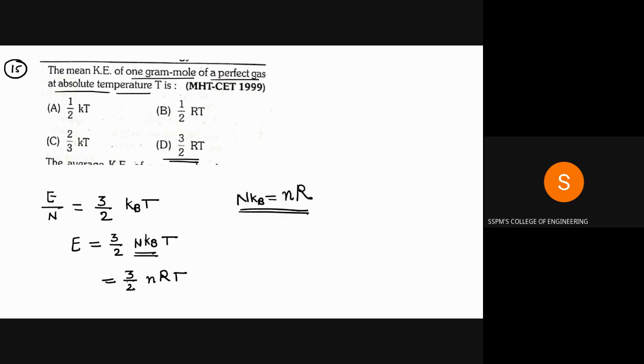So for 1 mole or 1 gram mole, it means n value is 1. So energy is equal to 3 by 2 RT. Okay. So the option given, which is option D, 3 by 2 RT. And this E is nothing but average or mean kinetic energy.